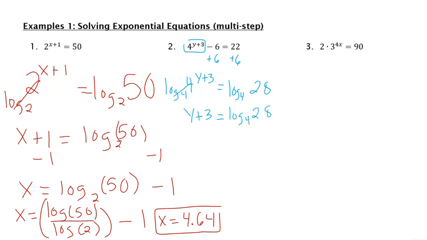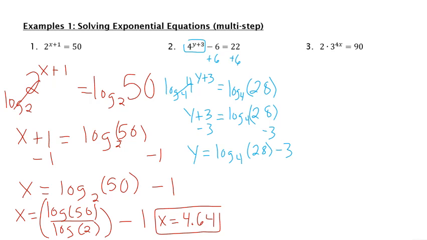And then I'm going to put a little parenthesis around this piece here. And we're going to go ahead then and subtract 3 from each side. And again, I'm not doing 28 minus 3. I'm evaluating that log first. And then going from there.